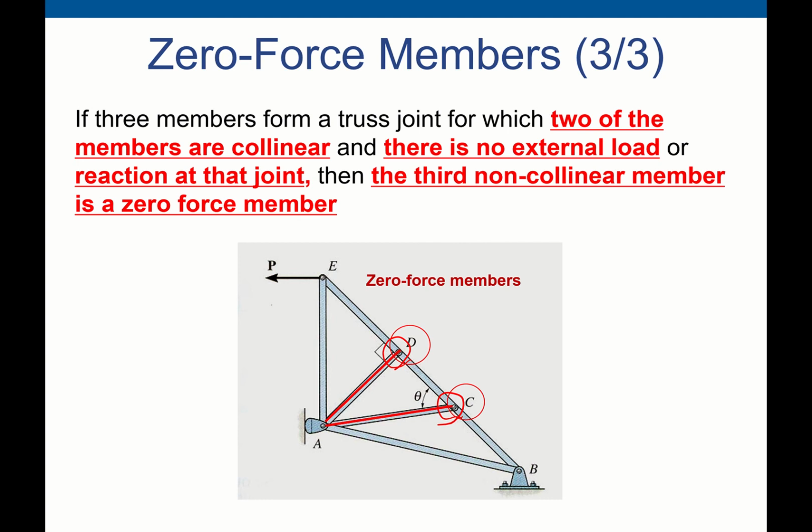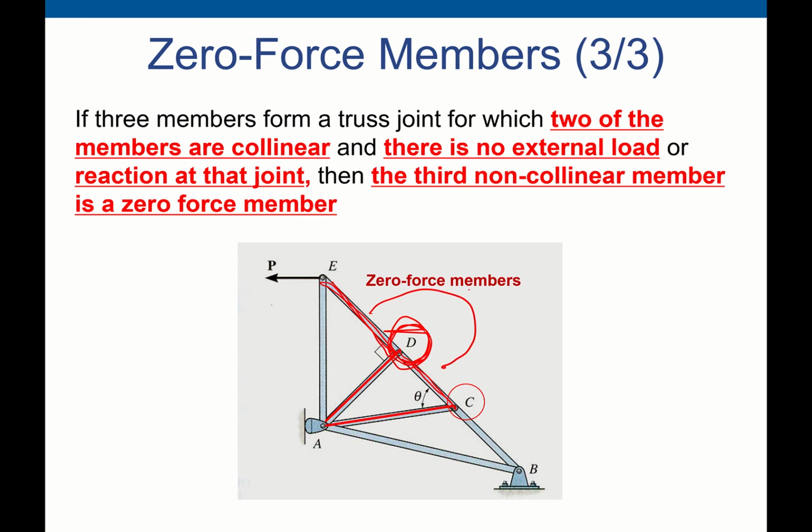Again, 2 of the members are collinear. These members are collinear, right? If you look at joint D, these 2 members, DE and DC, are collinear.